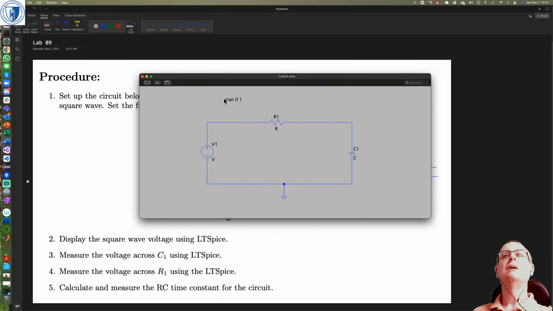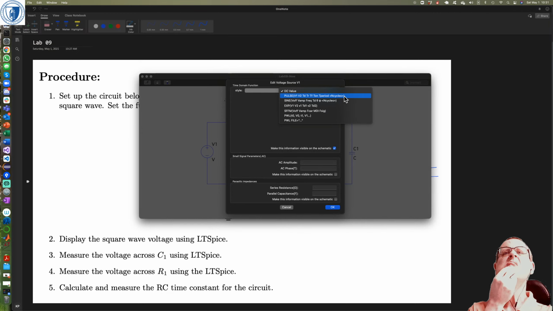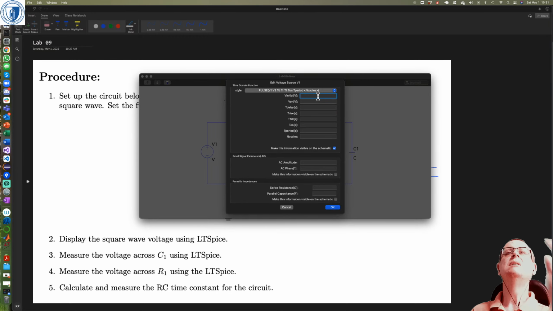So we go to the Advanced tab, and what we want is probably maybe a pulse. Pulse width, I think pulse might be good. So V initial and V on. Yeah, I think a pulse should do.